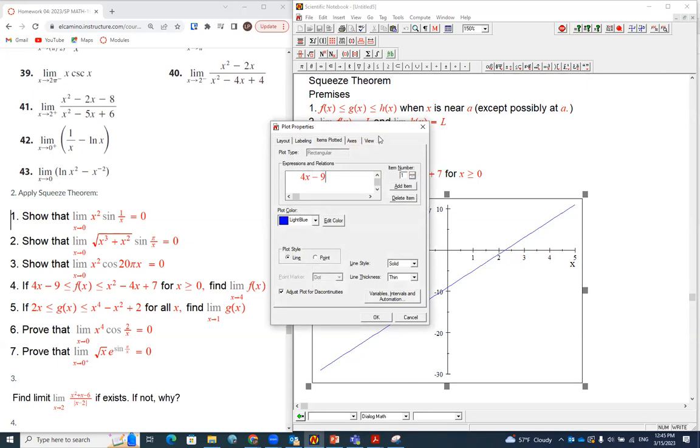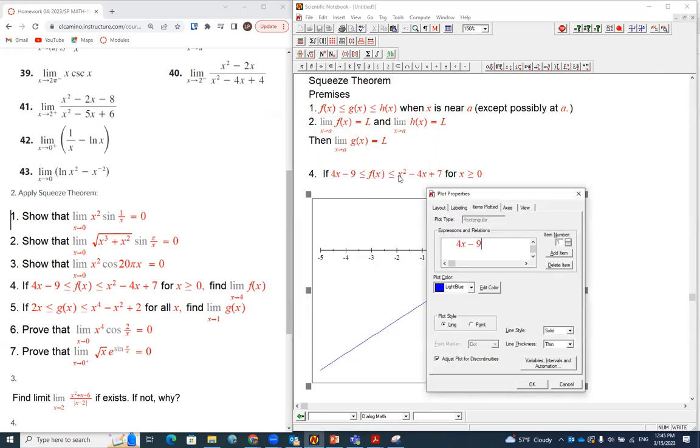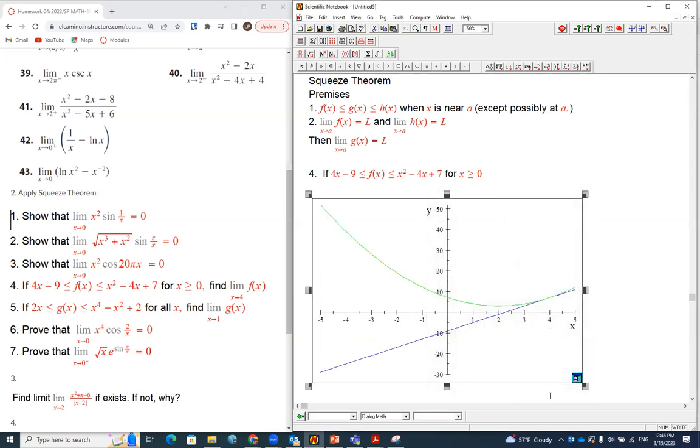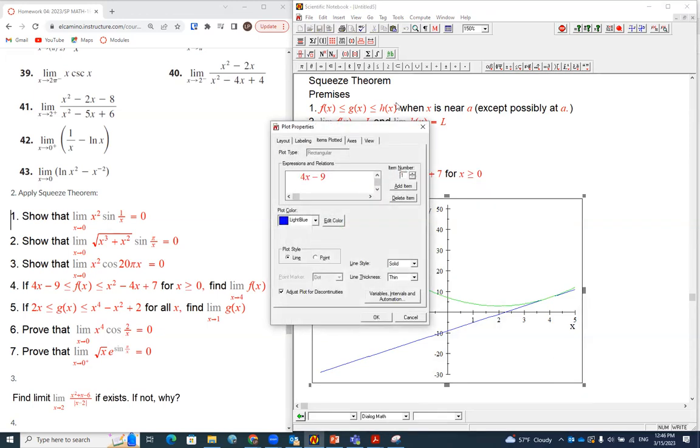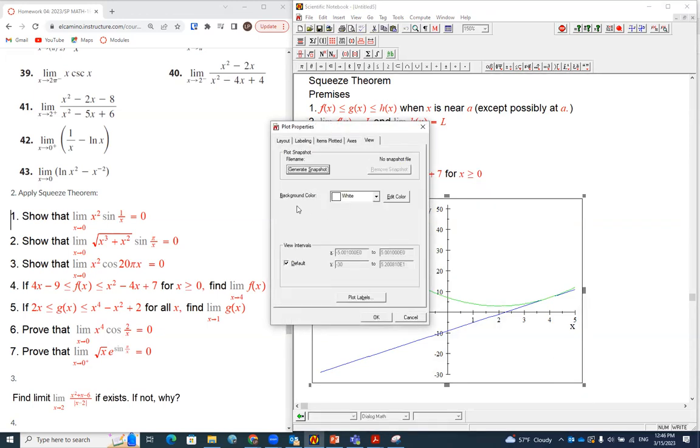Then I'm going to graph the function on the right, which is x squared minus 4x plus 7, and this is green. But we only look at x greater than or equal to 0, so I'm going to make a little adjustment.